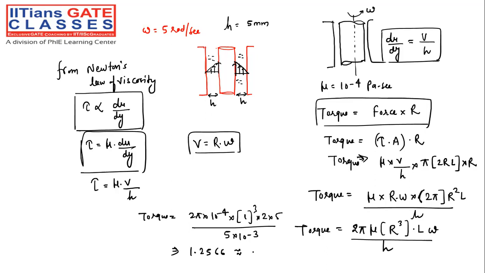But we have to round off to 2 decimal places. So it will be 1.26 Newton meter. They might have given a range something like 1.24 to 1.28, right? So this will be the answer for this particular torque problem.